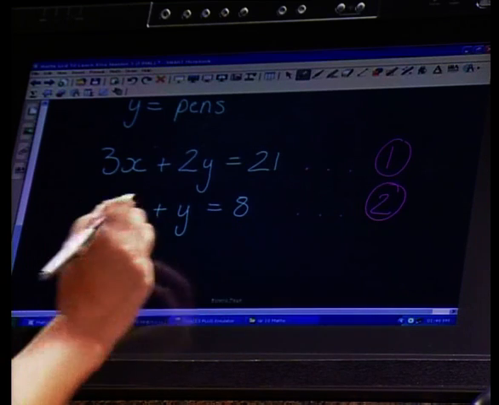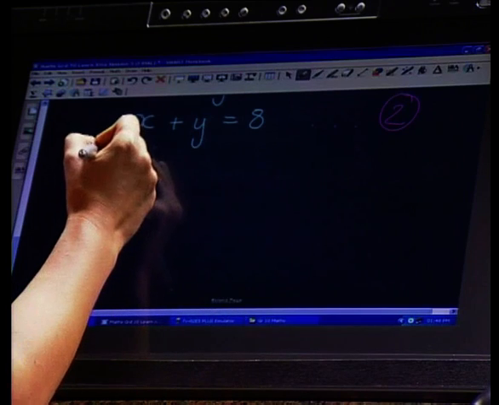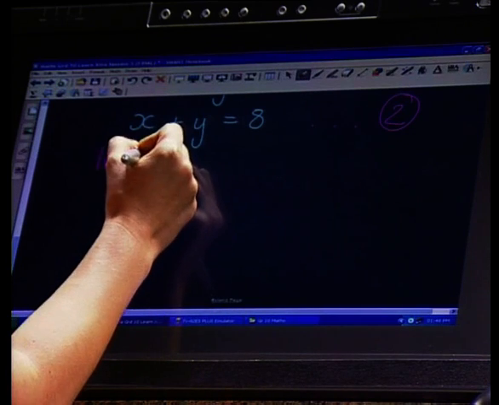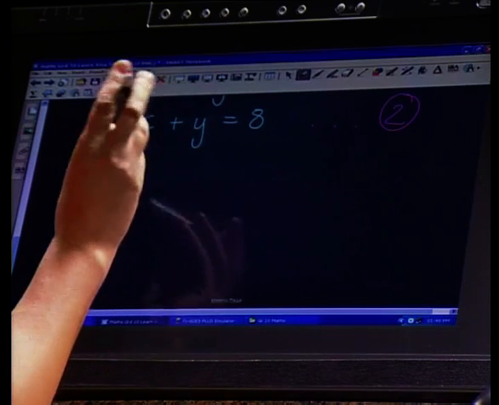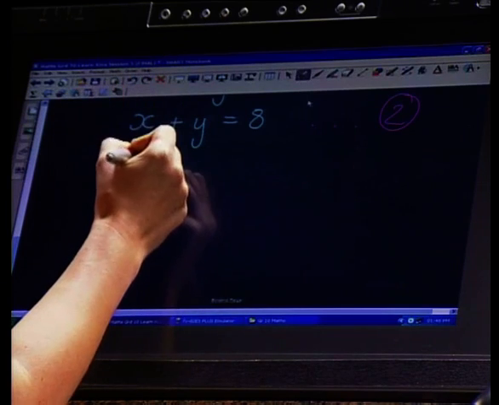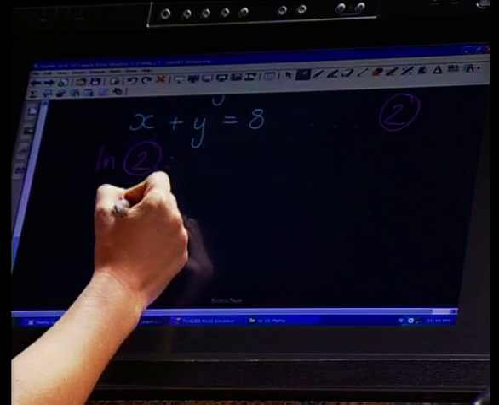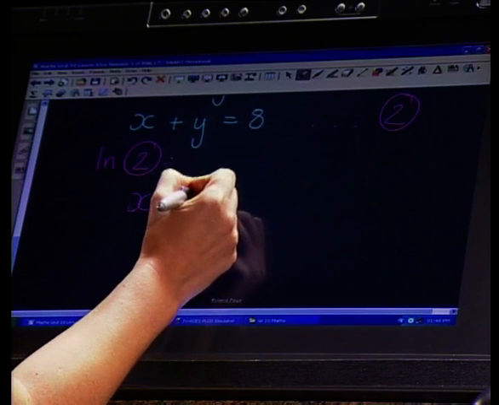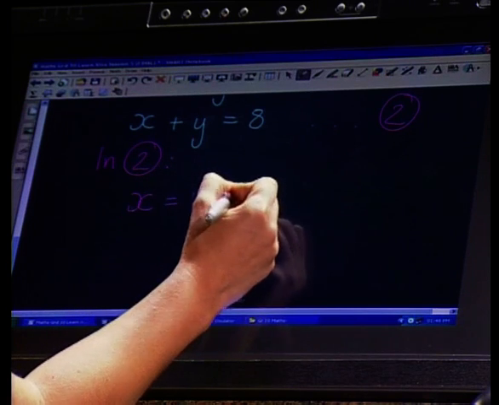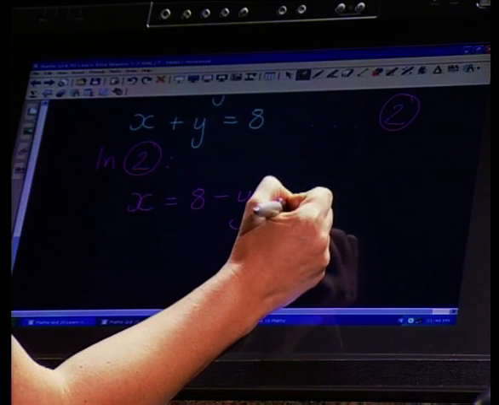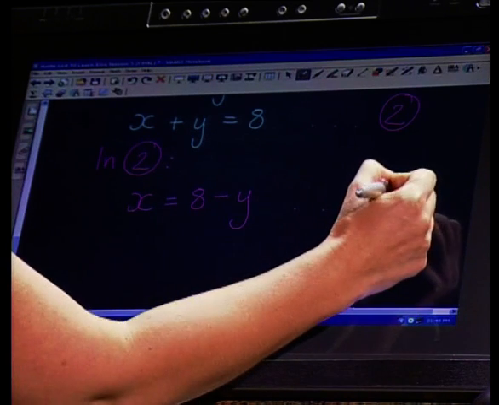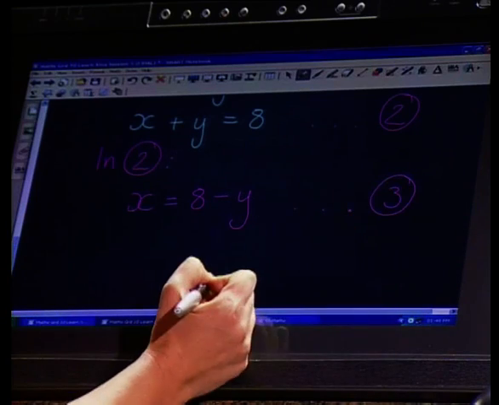I've got a single x and a single y. I need to tell the teacher that I'm working with number 2. So I rearrange it so that it looks like x is equal to 8 minus y. And lastly, I give it a new name of number 3.